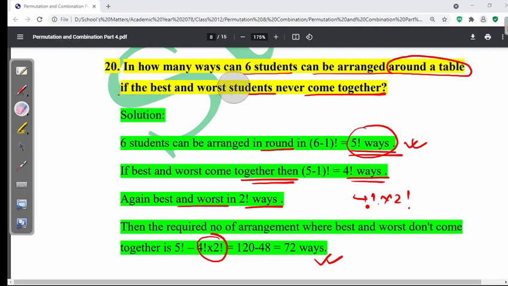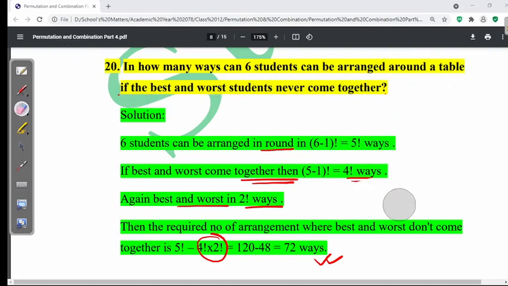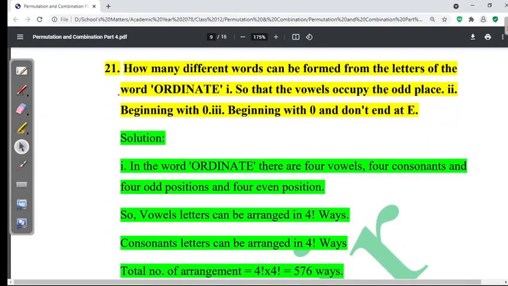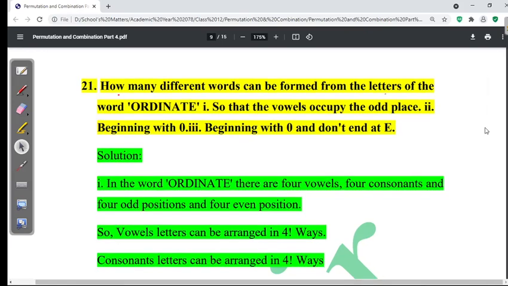Now moving to the next part, dear students. Question number 21 is like this.